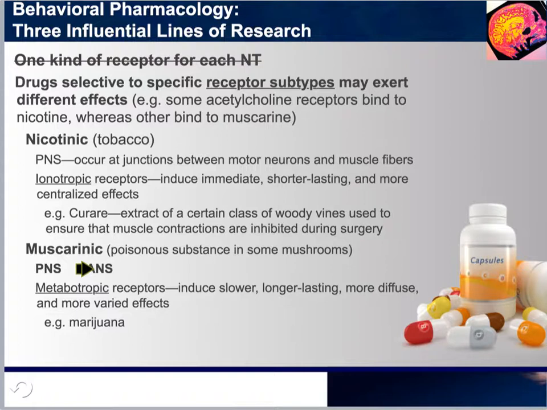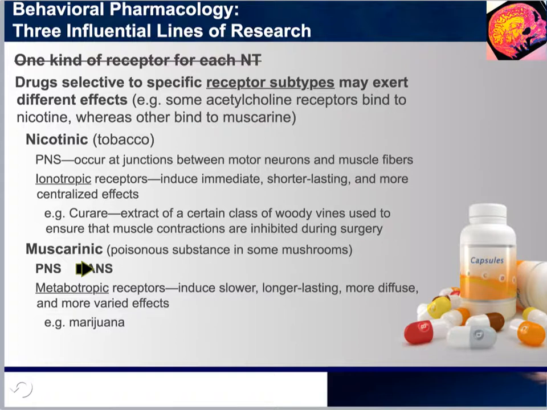Looking at the first receptor, the nicotinic receptor, we're going to be focusing on the PNS, the peripheral nervous system. We'll be looking at an example of tobacco and also, more interestingly, at curare, which is an extract of wood vines from South America.